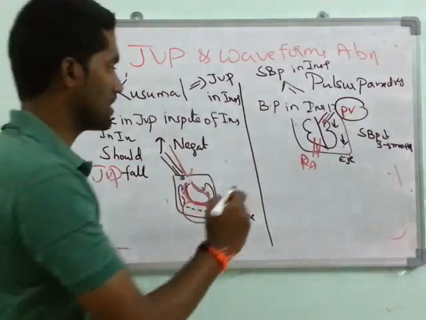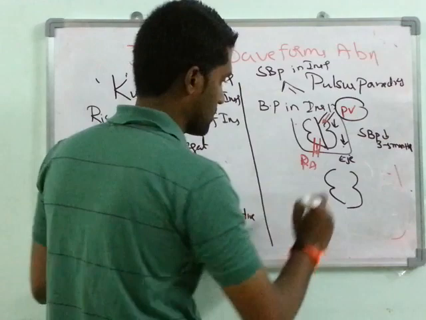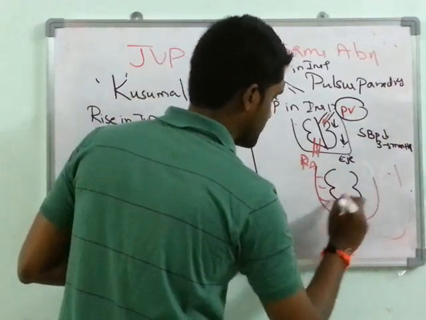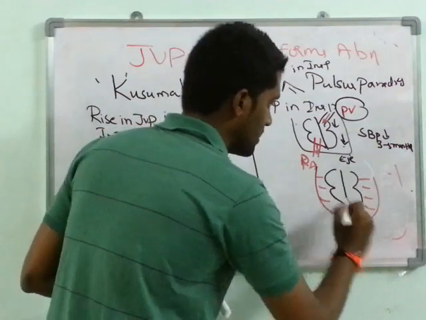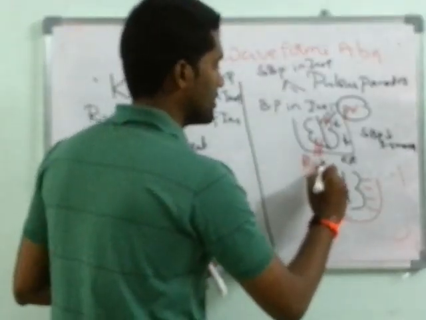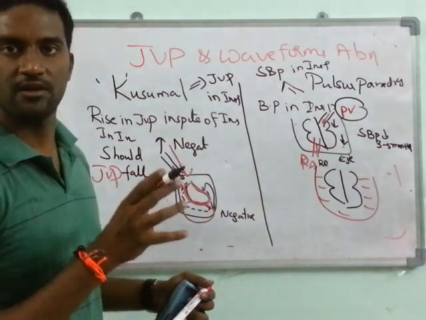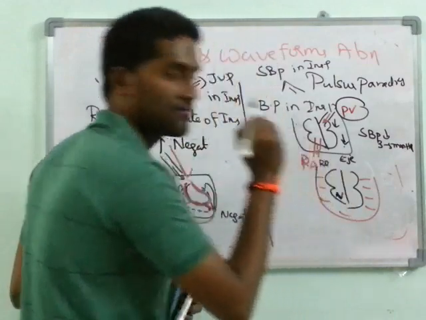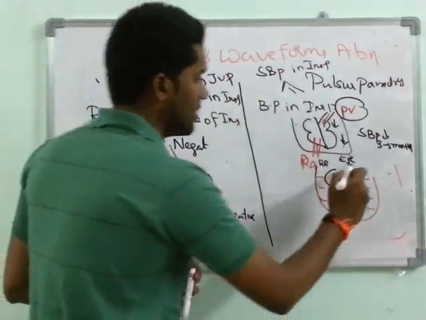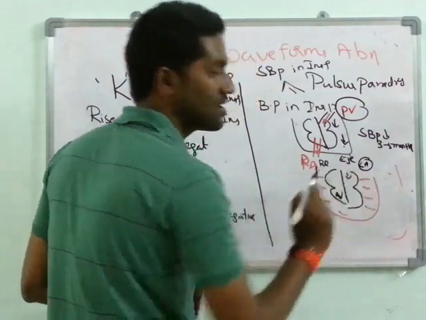What happens in cardiac tamponade? Now during inspiration, there will be more venous return, and blood is entering the right atrium. The blood is also entering the right ventricle, while from the pulmonary veins less blood is coming into the left atrium.